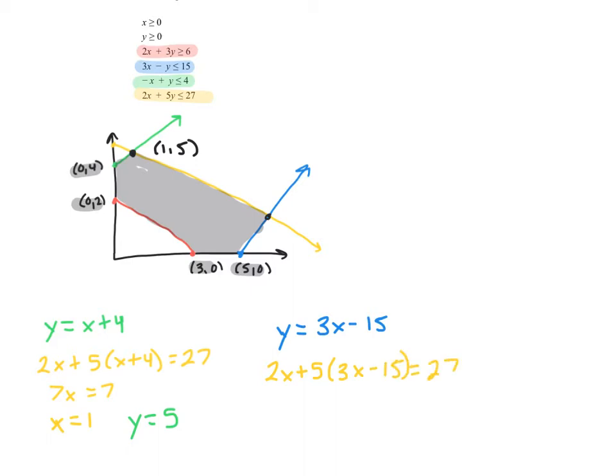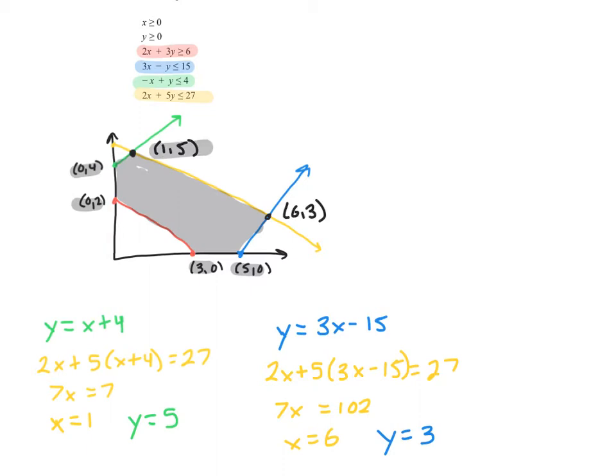And then if I start solving here, we get 7x equals 102. So x equals 6, and then you can substitute that back into the blue, and you get y equals 3. So this coordinate is at (6, 3).